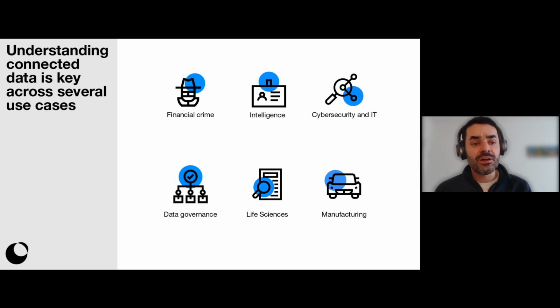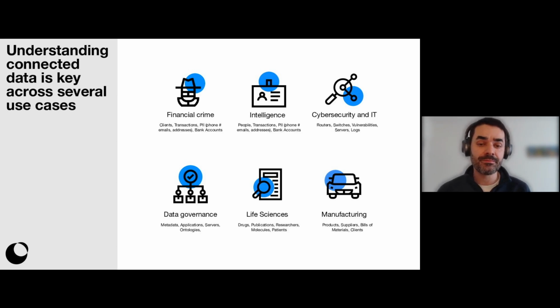And understanding the connections in data is really critical across several use cases. And here you can see some of those use cases, such as financial crime, intelligence, cybersecurity and IT, data governance, life sciences, and manufacturing. And in financial crime, it can be relationships across clients, transactions, phone numbers, addresses, bank accounts.